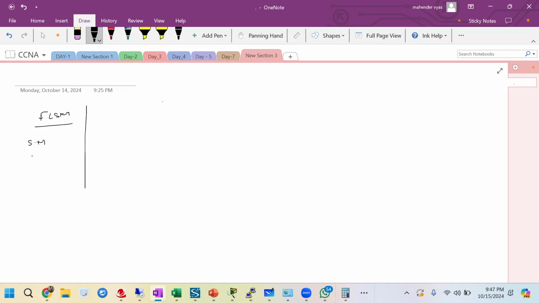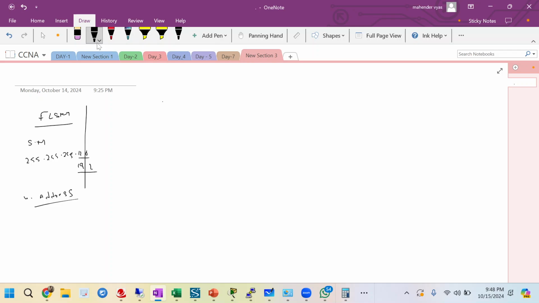Either it would be 255.255.255.128 or 192 or whatever it is, the subnet mask for all the four network addresses was the same, right? Correct, because subnet mask defines how many addresses we need. If you want only two groups, the subnet mask would be 128. If you want four groups, subnet mask would be 192, like that, right?